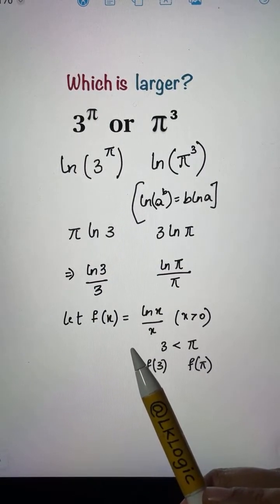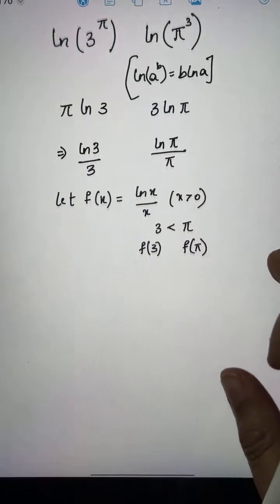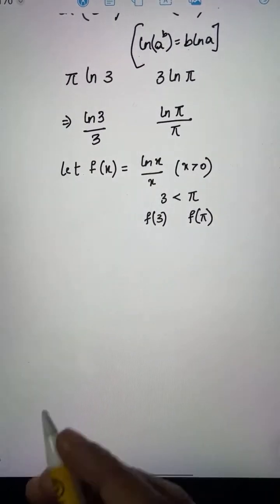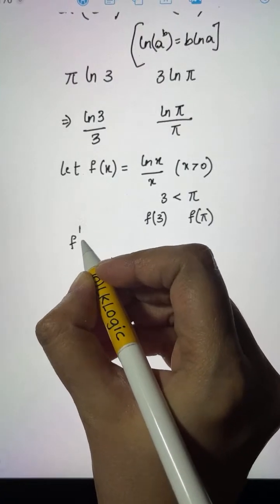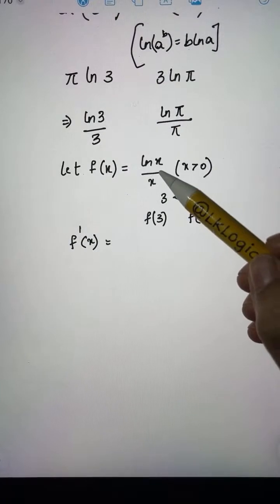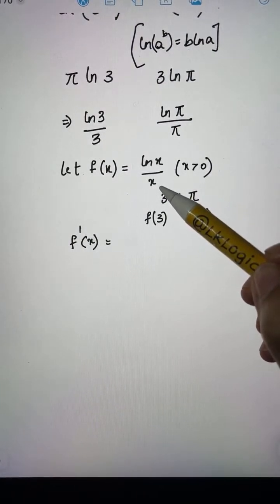If we differentiate that function, what will we get? F prime of x, or f dash of x, whatever you say. Here we have the derivative of a numerator over denominator.